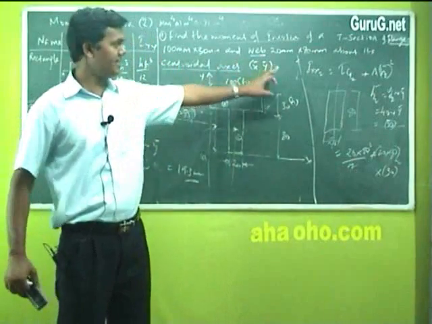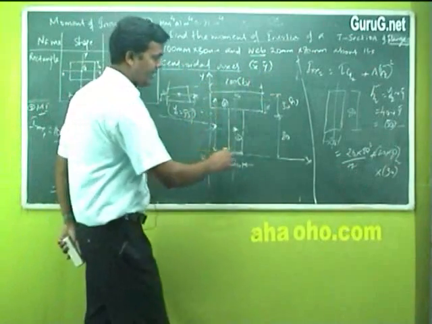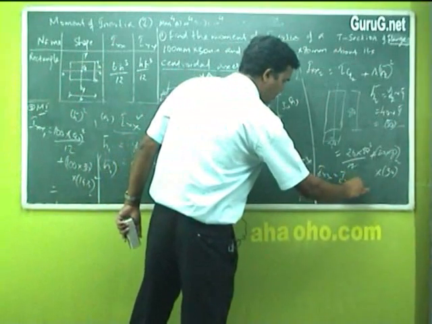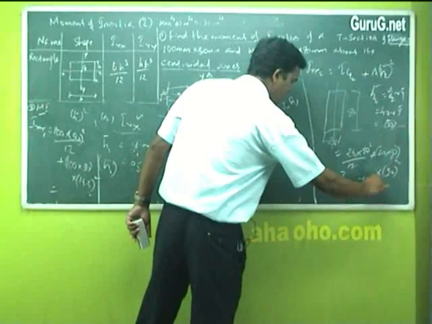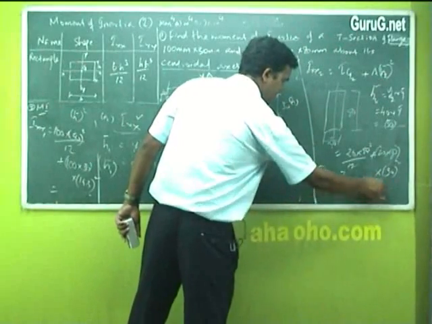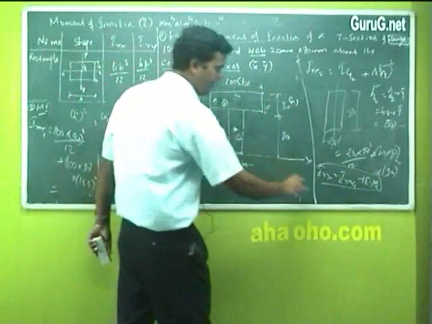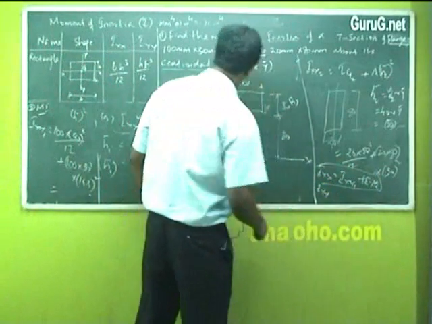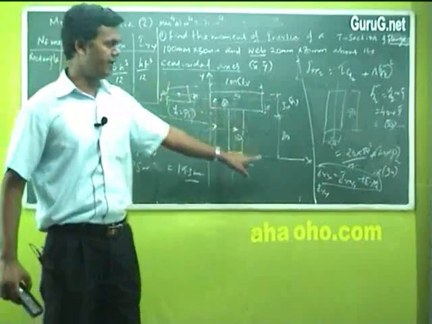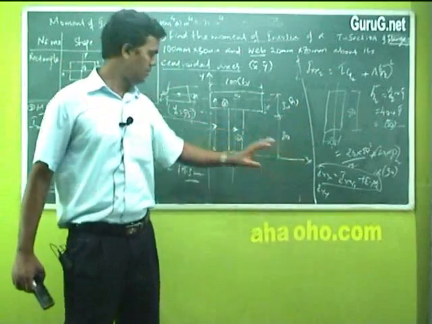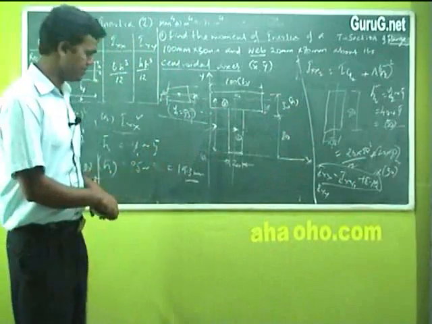Now this is for only IXX. So final IXX is what? IXX1 plus IXX2. This will give an answer of IXX only. If you go for IYY, using this equation, you have to find out H1, again H2, based on X values here.